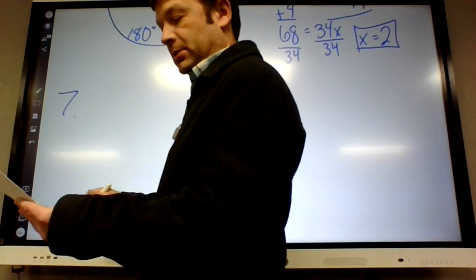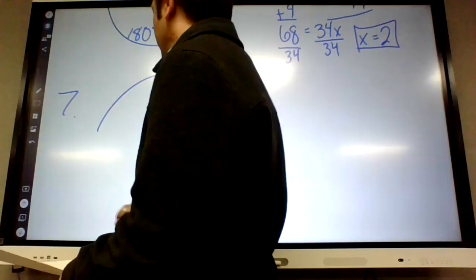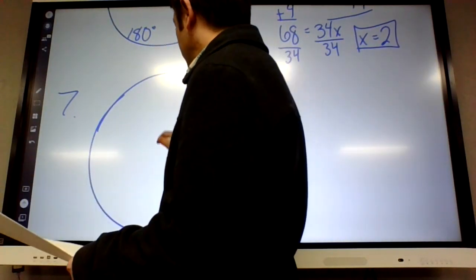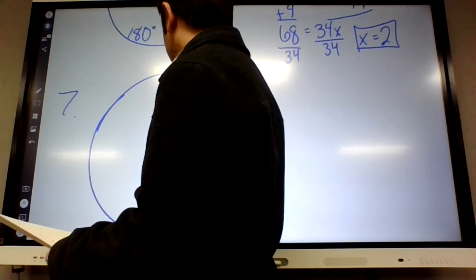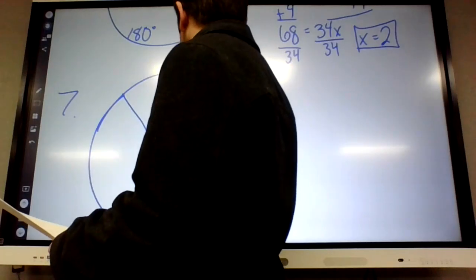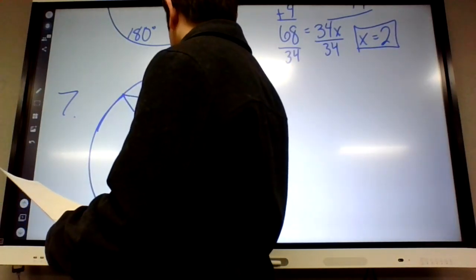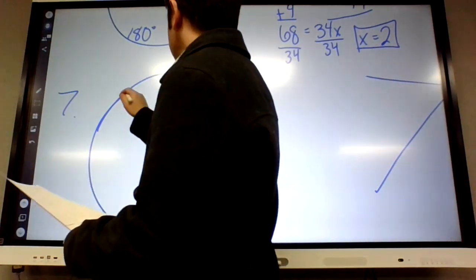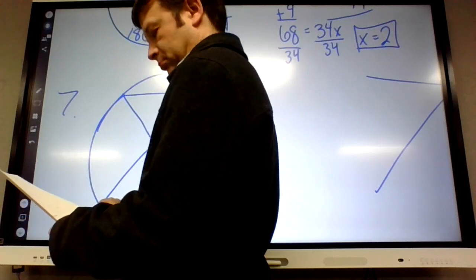Number 7. Okay, this one kind of tripped me up for quite a while in the last class because I could not tell where those angles were supposed to be. You guys have a guess where they're supposed to be? Maybe like the thing we did a couple of chapters ago.